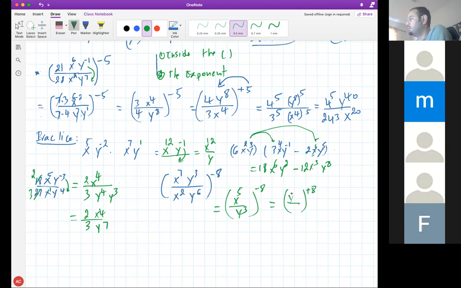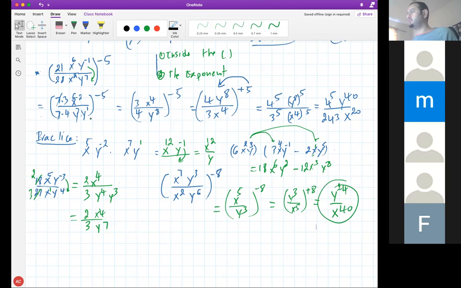So y to the 3 over x to the 5, then just multiply the power. So it's going to be y to the 3 times 8, which is 24, and x to the 5 times 8, which is x to the 40. That's right, just times it. 3 times 8, 24, 5 times 8, 40. And that's it. So as you can see, only a few steps.